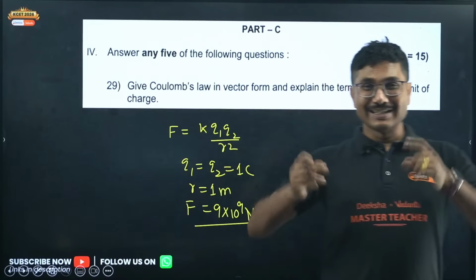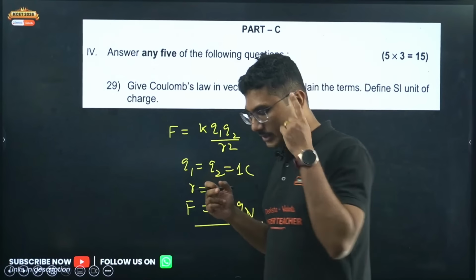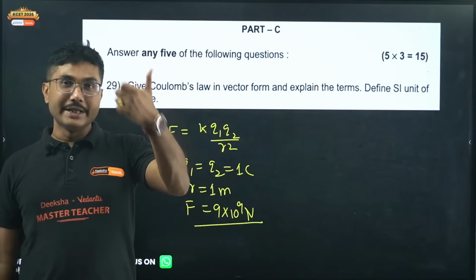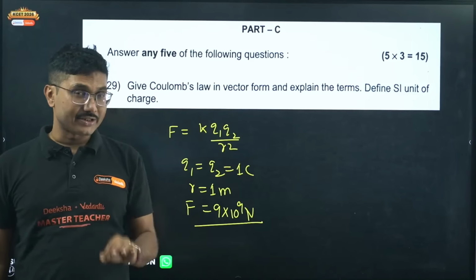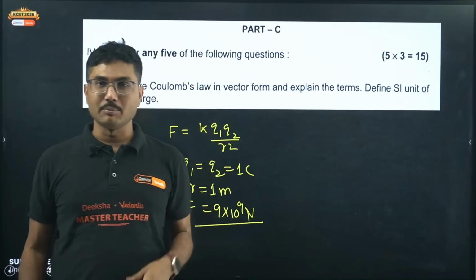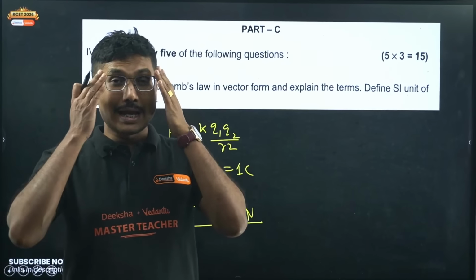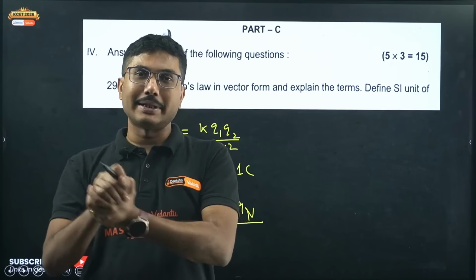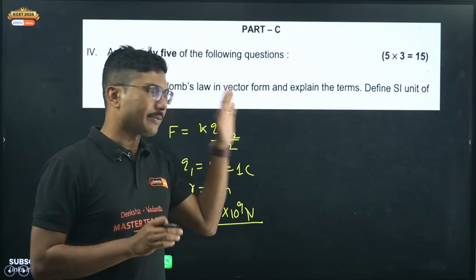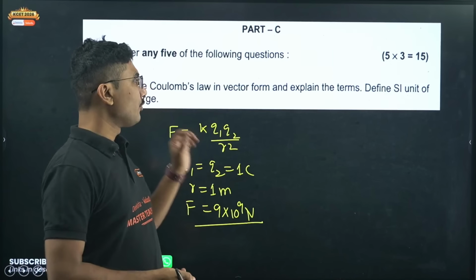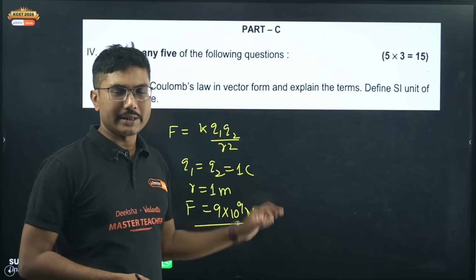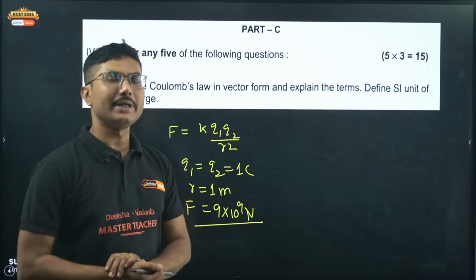But if you read the instruction given in the beginning of the paper, the model answer sheet will be provided by the board after a few days. In there they have mentioned that any alternate method is accepted. So whatever method you use, as long as it is correct, it will be accepted. So even a definition in terms of current and time should be accepted.